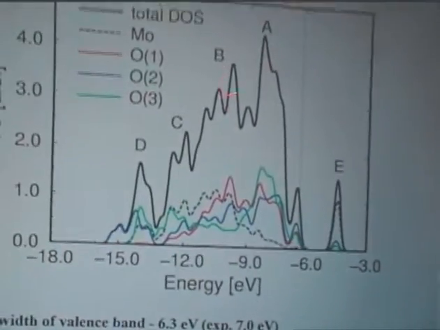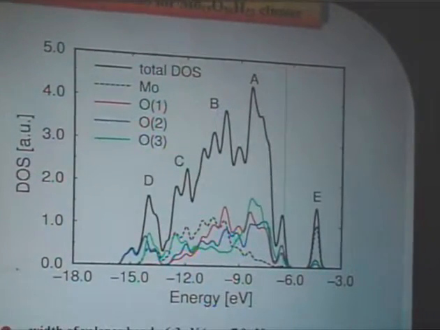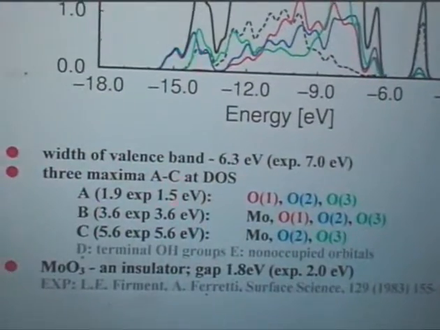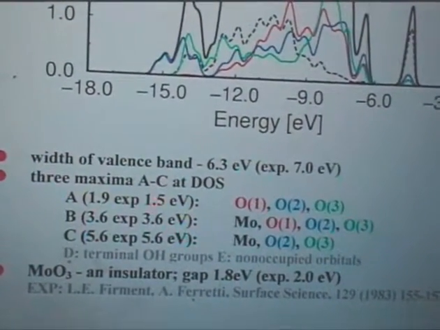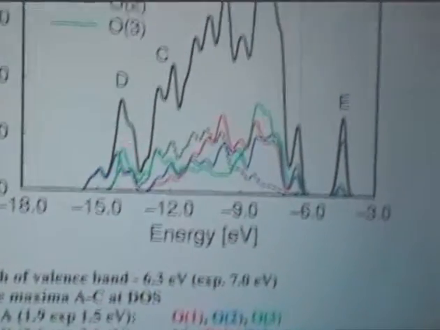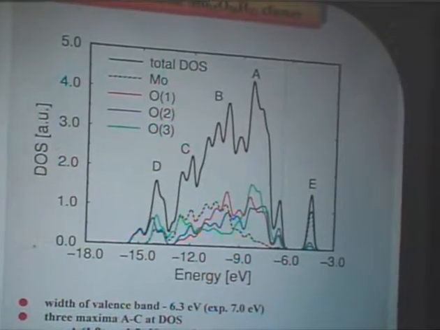And we have three main peaks at 1.9, 3.6, and 5.6 electronvolts, which compare extremely well to the experimental values. This peak is an artificial peak, which comes from the fact that we saturate our cluster with hydrogen atoms.